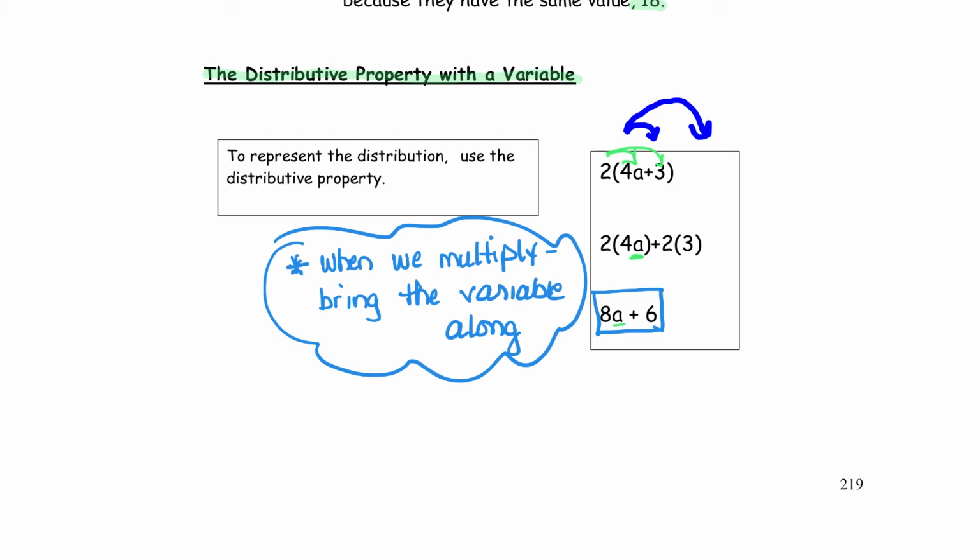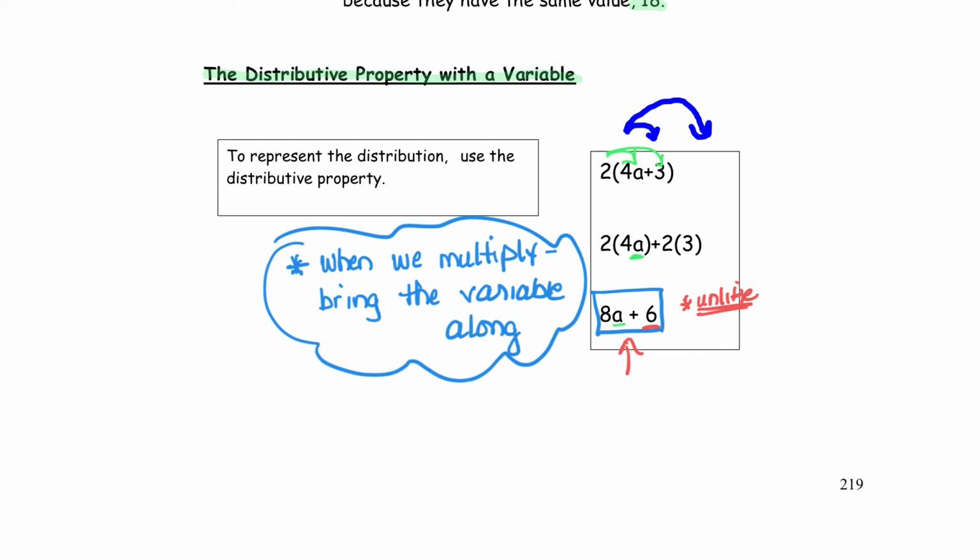So these terms here are unlike, therefore, we are finished. That's one of the things that I want you to keep in mind during this lesson. If they do not have the same variable, you cannot combine them. In this case, the number 6, what do we call a number that's by itself? That's correct. We call it the constant. And in my book, I like to say it's constantly alone.